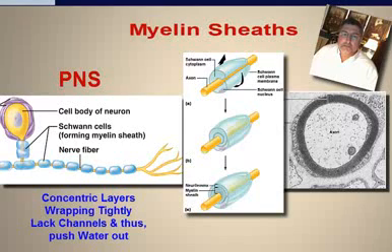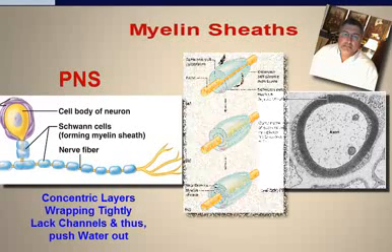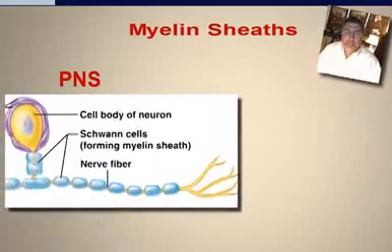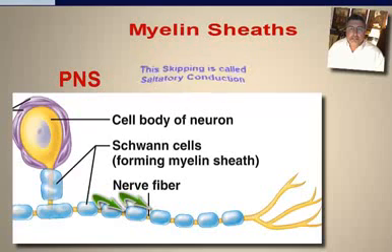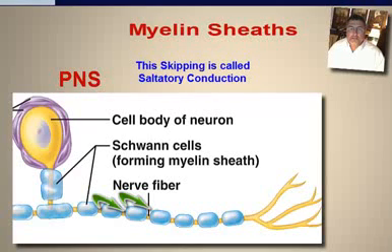That means that the electrical event coming down that axon along the axolemma, when it hits this region of the Schwann cell and the myelin sheath, will have to skip over it, because the electrical event itself is a polar event, and that polar event cannot integrate into that nonpolar myelin sheath.